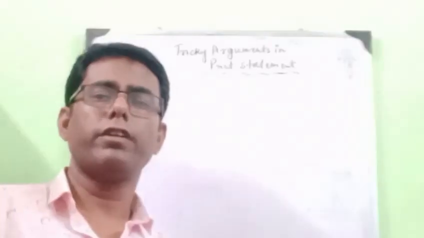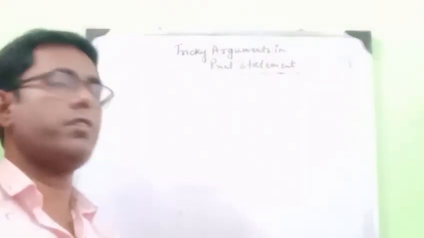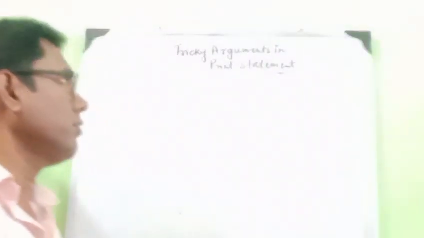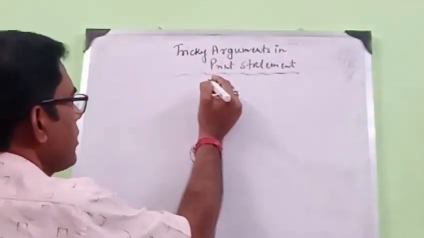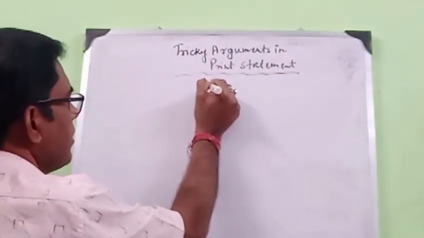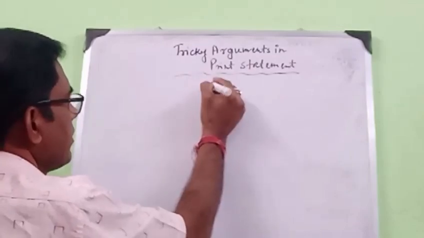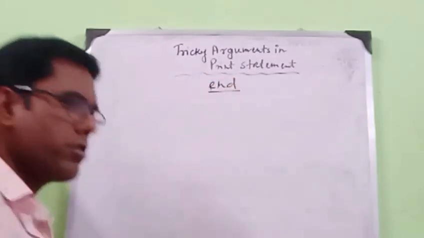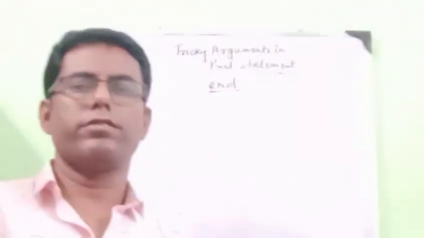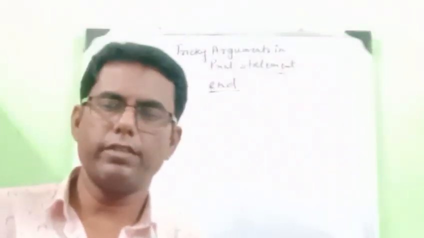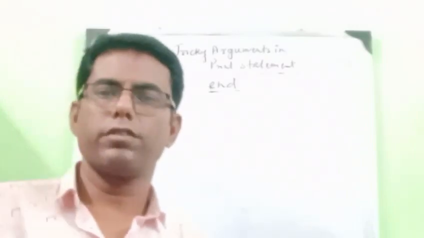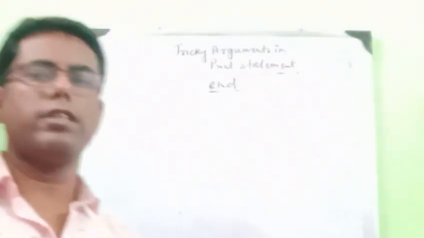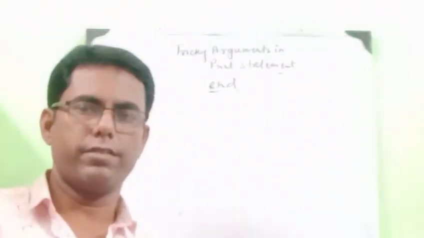Here today we will discuss some tricky arguments. There are two very important tricky arguments. Number one is the end argument, which we can use for printing some important lines.